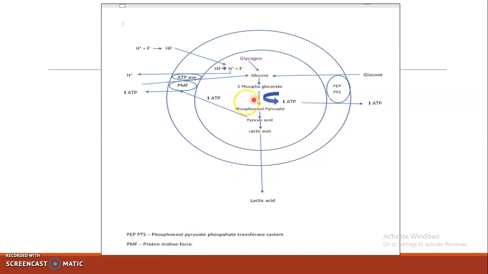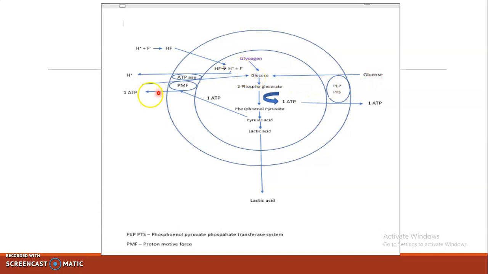Because this enolase is inhibited, this ATP is not generated and hence the entry of glucose by this mechanism stops. Similarly, another mechanism is called the phosphoenol pyruvate phosphotransferase system, which exchanges glucose for a molecule of ATP generated during this conversion. Because again enolase is inhibited, the entry of glucose by this mechanism is also stopped.